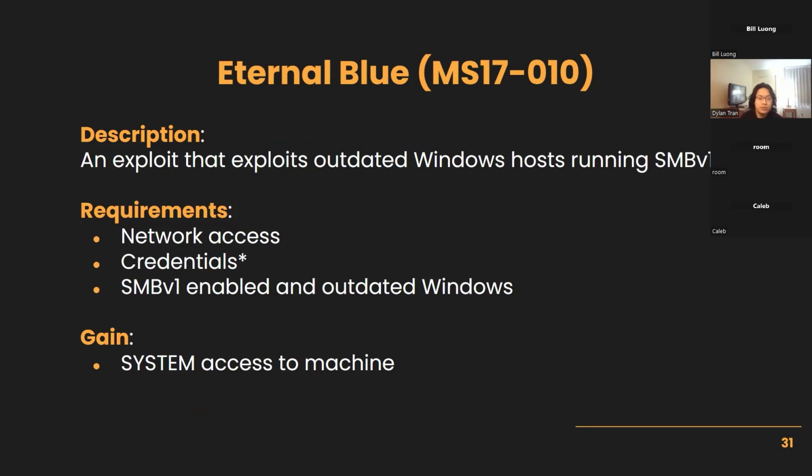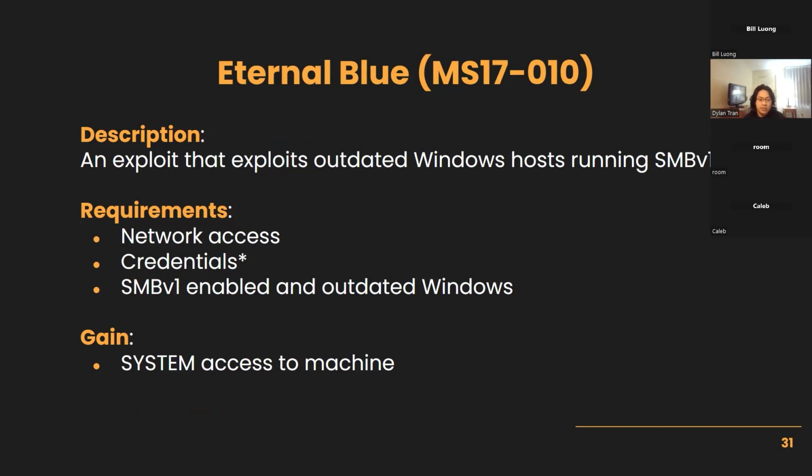So Eternal Blue, basically, if you hit an outdated system that's running SMB version 1, you can immediately get system access. And for reference, system access is above administrator. Administrator being like the equivalent of root on Linux. System, you could think of system access as the machine itself, right?